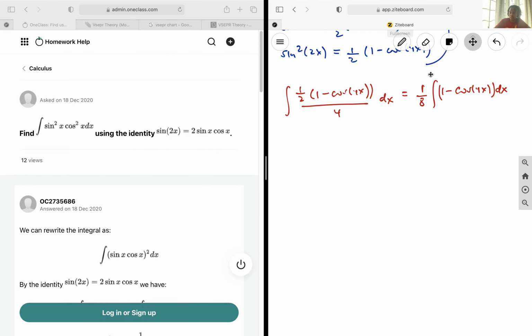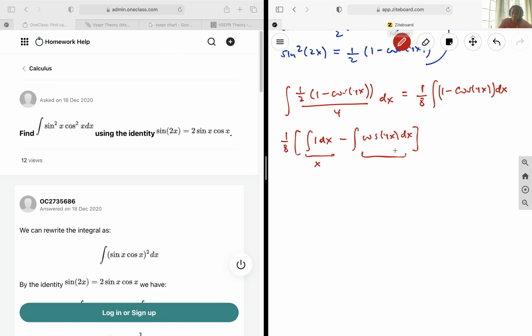And then next up, we can separate these two as we did in the earlier question. So it becomes 1 over 8 times the integral of 1 dx minus the integral of cos 4x dx.